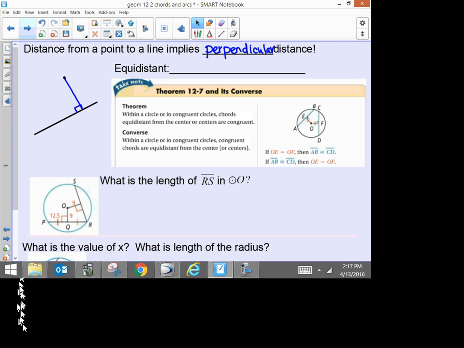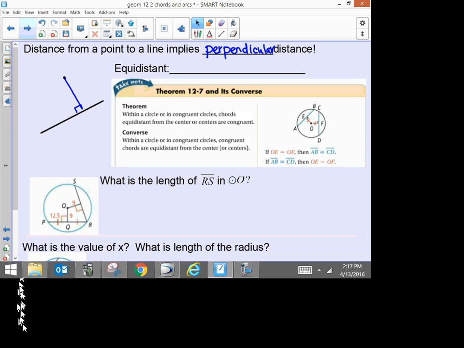Otherwise we could all say, oh no, my distance is this way, or no, it's this. Those are all distances, so we have to agree that the perpendicular one is really the distance. Get that?